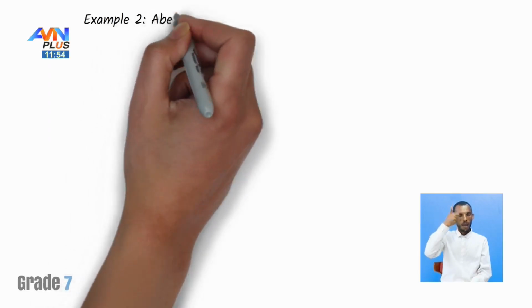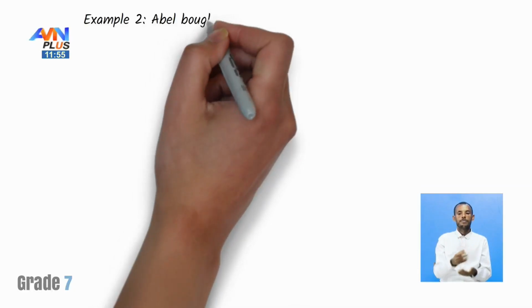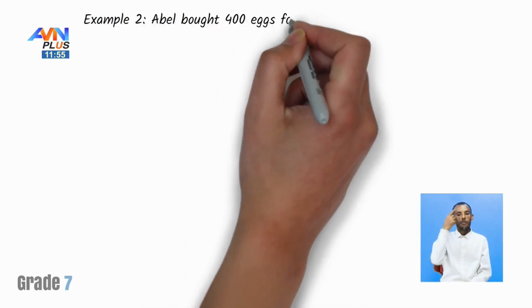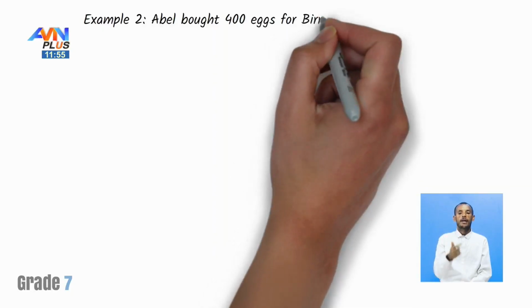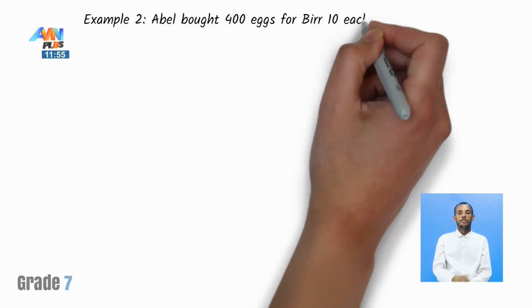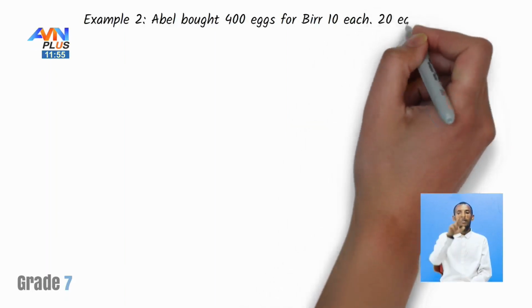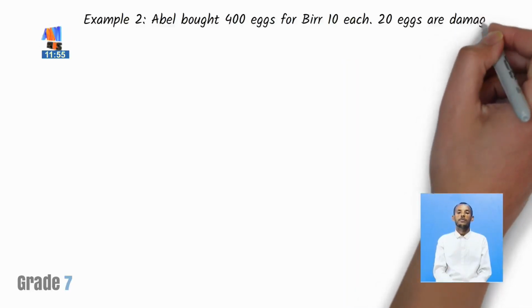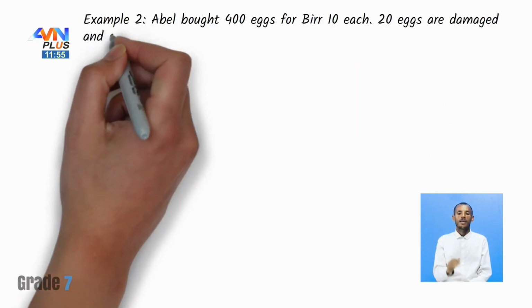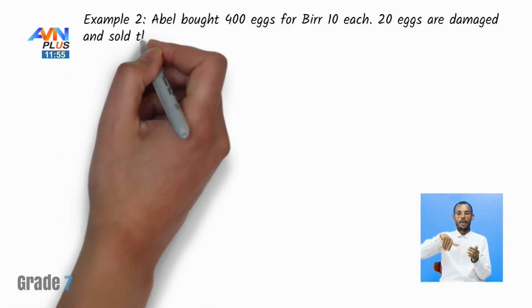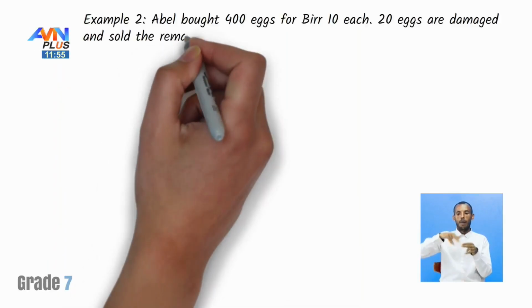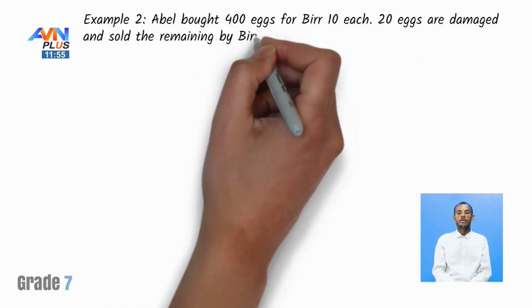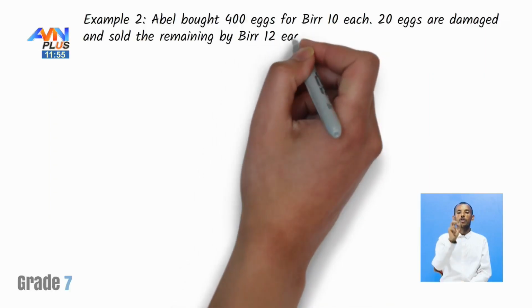Abel bought 400 eggs for 10 birr each. 20 eggs are damaged and he sold the remaining for 12 each.